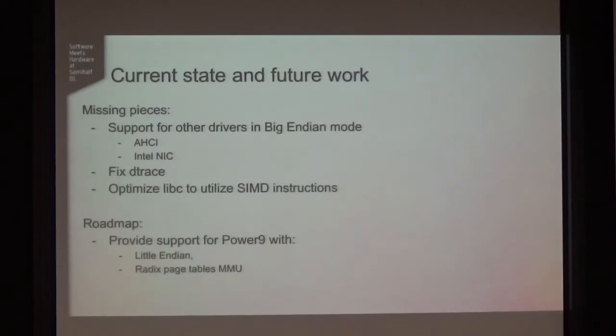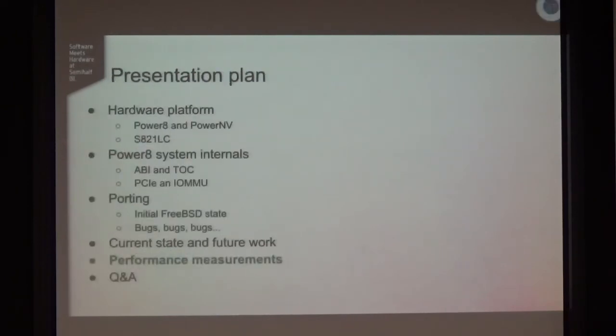That will eliminate the need for replacing drivers and provide compatibility with other architectures, all of which are little endian. And also, there is a plan for replacing the MMU tables to use radix page tables similar to those found in Linux. Power9 is the first CPU which actually supports hardware radix page tables, so we can use them efficiently in FreeBSD.